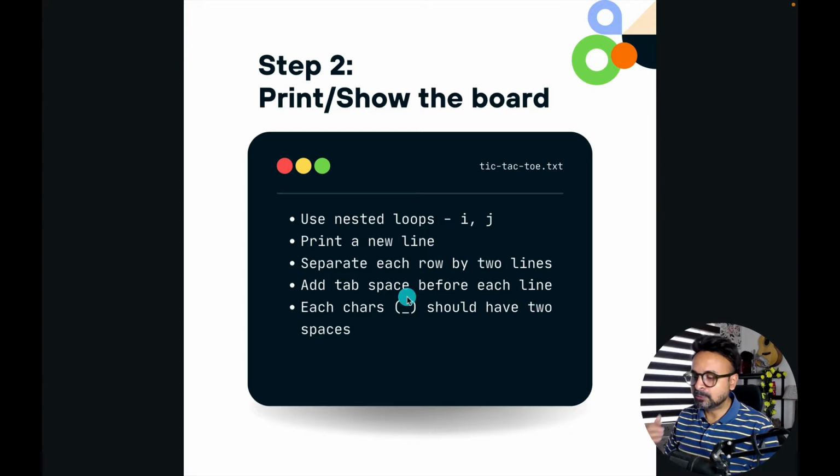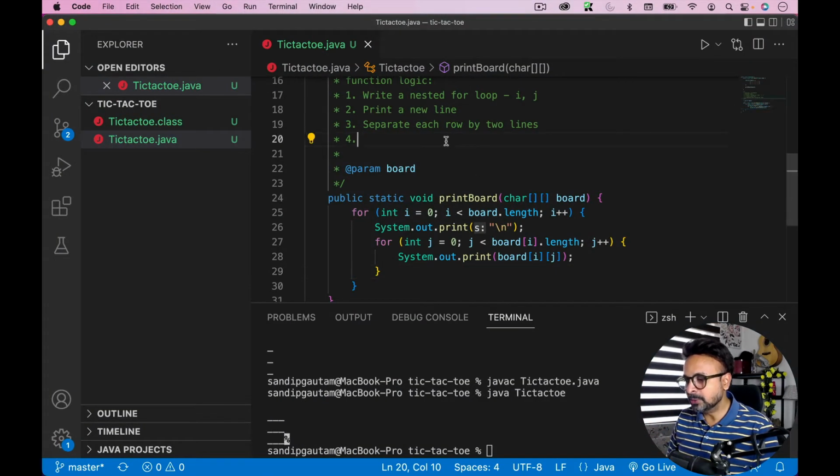Add a tab space. Okay, separate each row by 2 lines. That is done. Add tab space before each line. So before each line, I'm going to add a tab space, and each character should have 2 different spaces. So these are two steps I need to have. Add a tab space before each line.